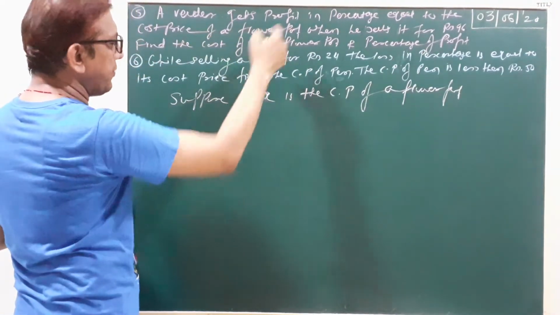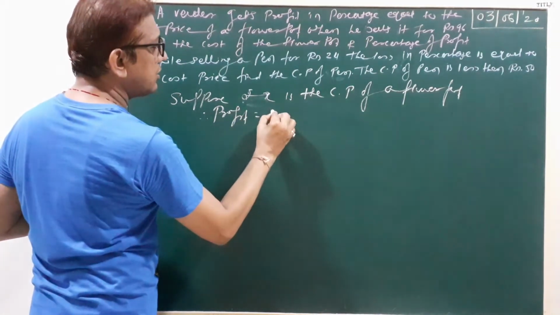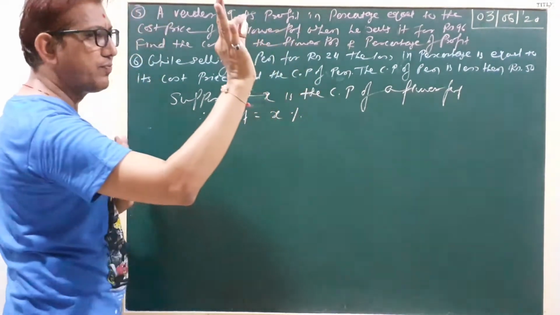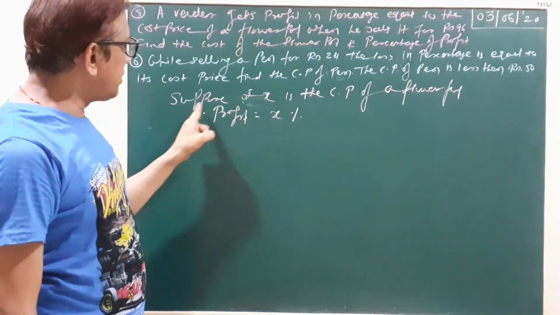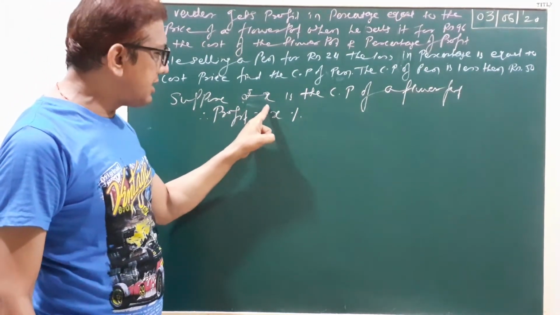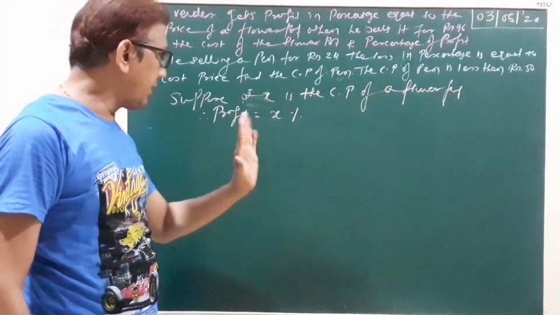Therefore, the meaning of the first sentence: profit equal to X percentage. If you suppose rupees Y, then profit is Y percentage. Clear? Okay.